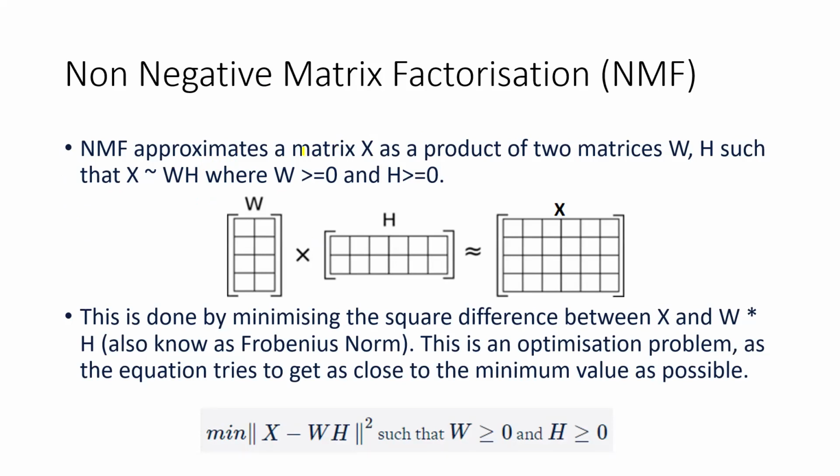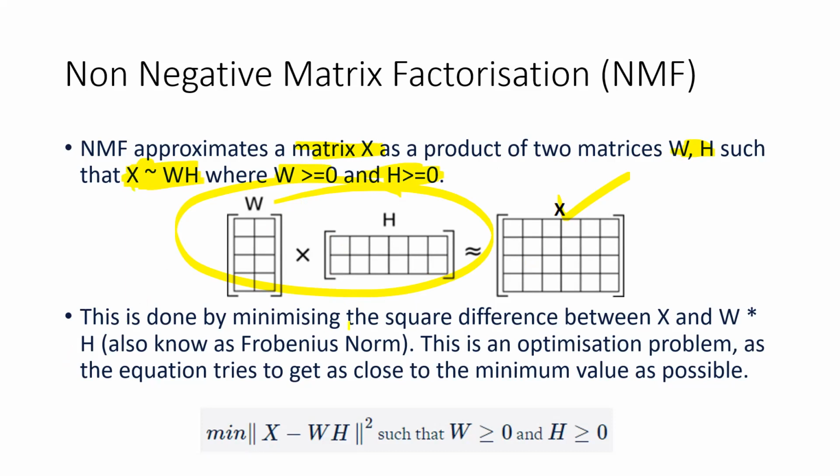It approximates a matrix X as a product of two matrices W and H. So given the original matrix X, we will try to approximate these two matrices, where both of them have values greater than or equal to 0, and we will also see to it that our WH dot product is getting close to X, the original matrix.